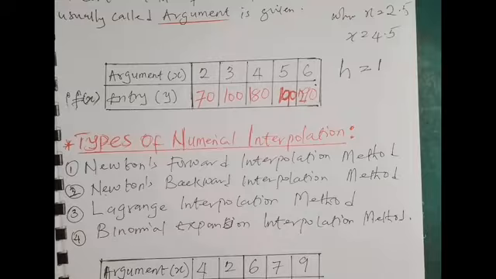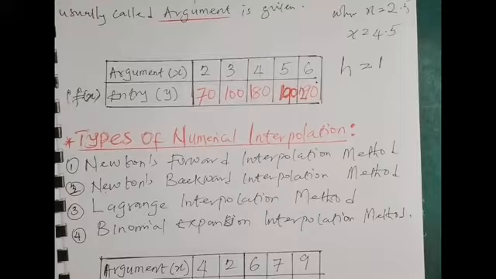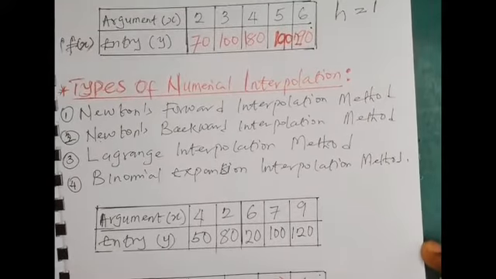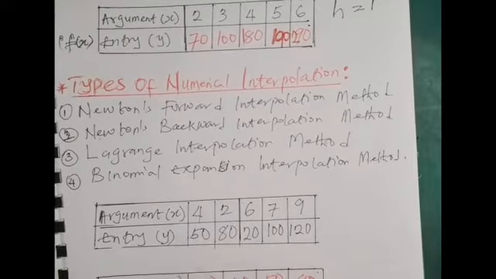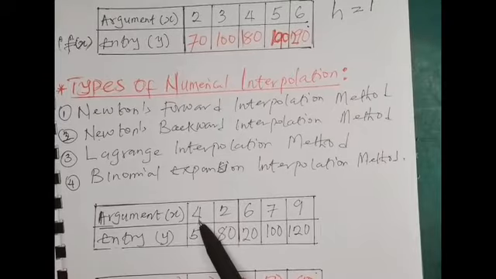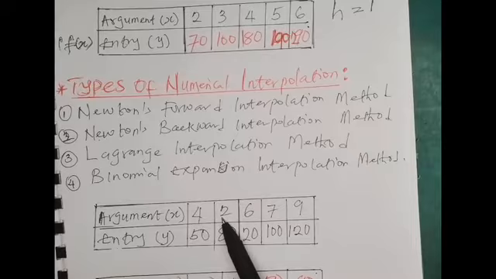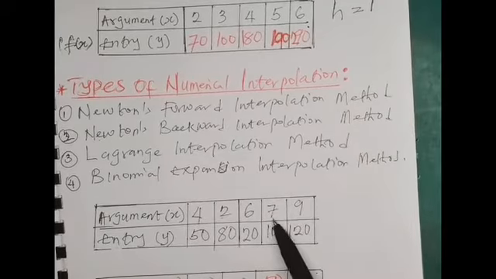Okay, but if the interval is not consistent, let's take a look at this table underneath here. If you take a look at this table, you find out that the intervals are 2 minus 4, which is negative 2, 6 minus 2, which is actually 4, 7 minus 6, which is 1, 9 minus 7, which is 2.